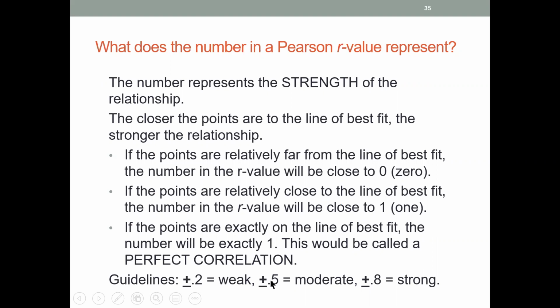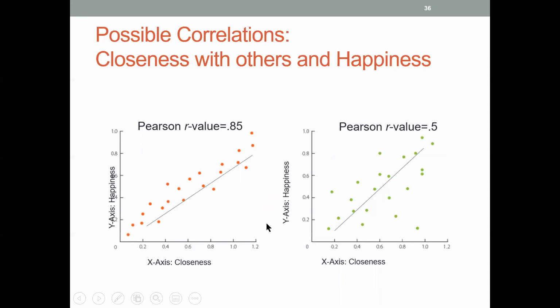If it's 0.5, again plus or minus, it's moderate. And if it's 0.8, we'd consider it strong. The plus or minus sign does not matter, and you'll remember why: all that's telling us is whether the points are going in a positive direction or a negative direction.